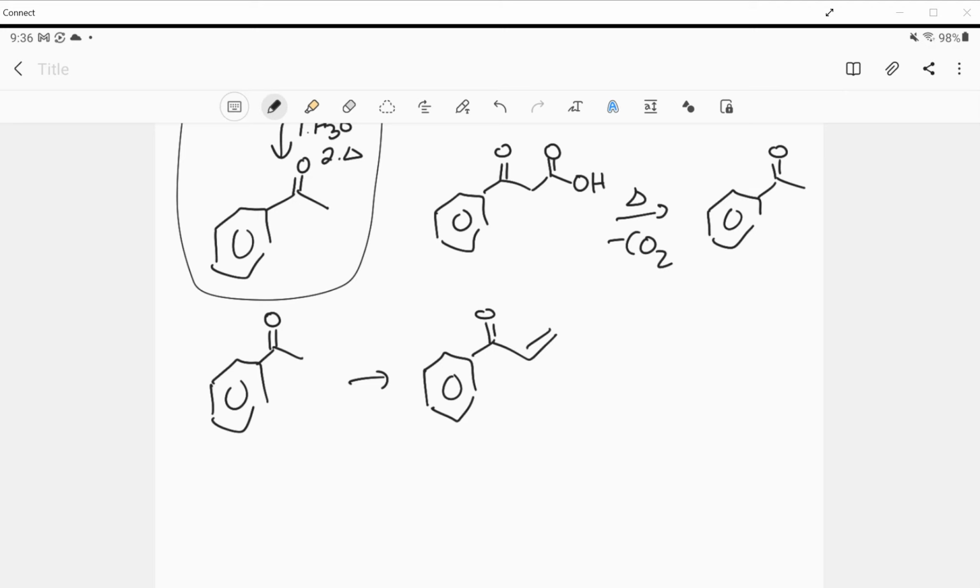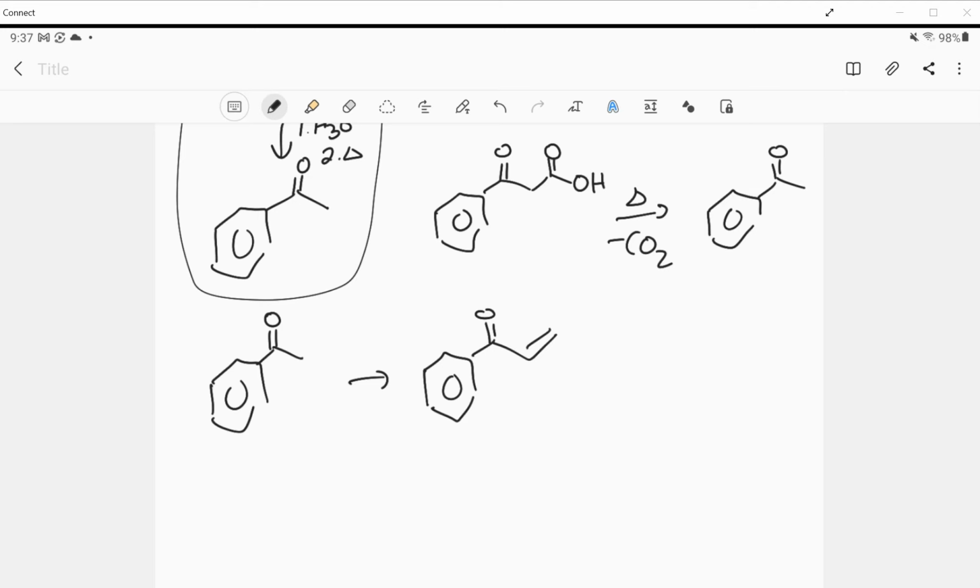So structurally, what do we have different here? An extra carbon with a double bond. One more carbon, and we have a new double bond. Absolutely. So we're going to need a single source of carbon here, and we're going to need to make that double bond.